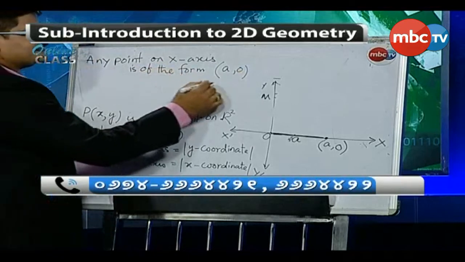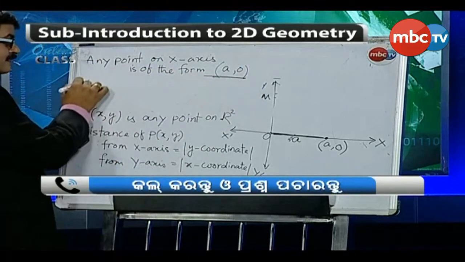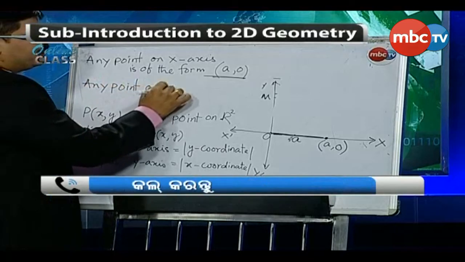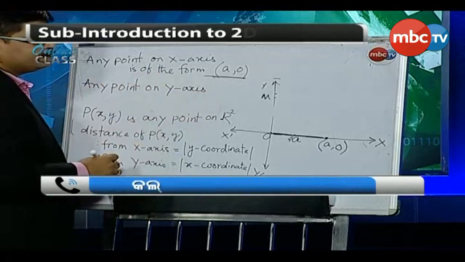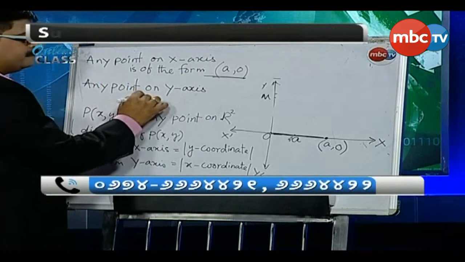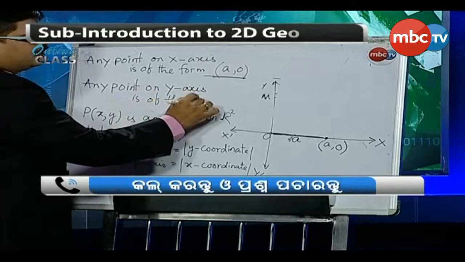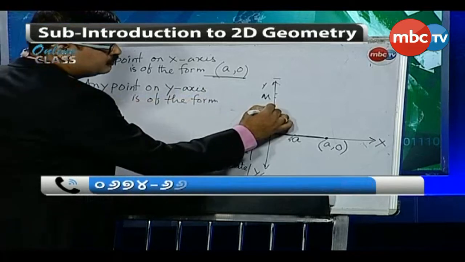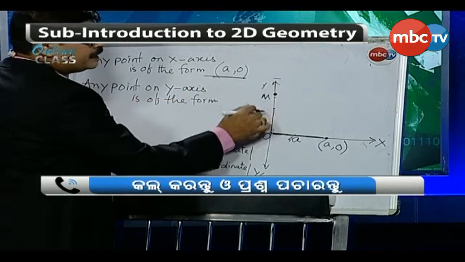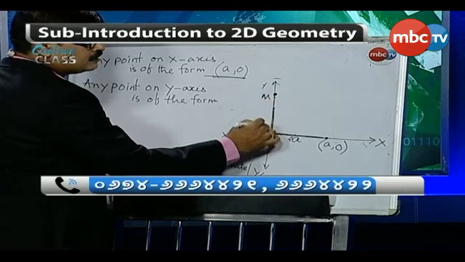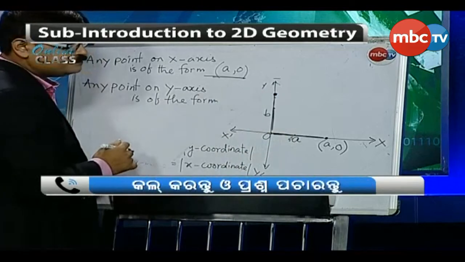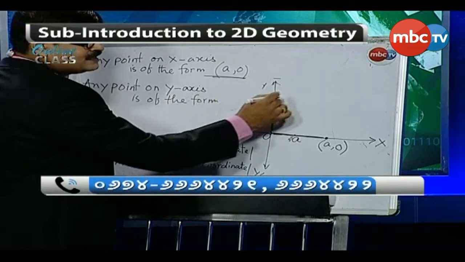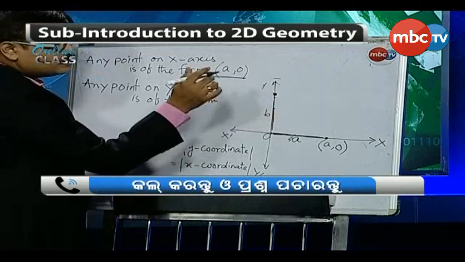Any point on the x axis is of the form (a, 0). Similarly, if you take any point on the y axis, say for this point, this length is b. The distance of this point from the y axis is 0 because the point is on the y axis.